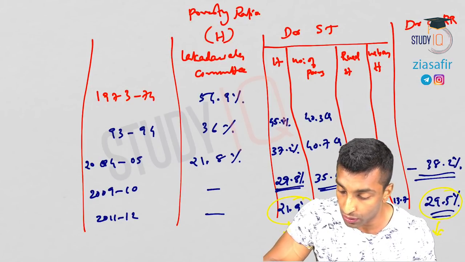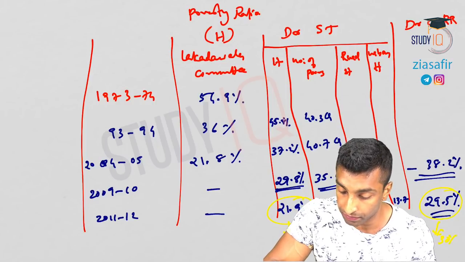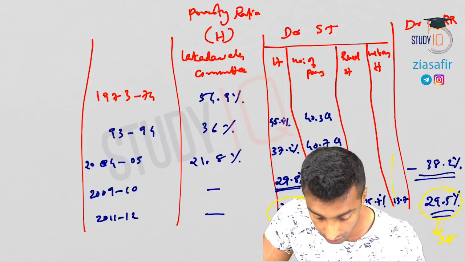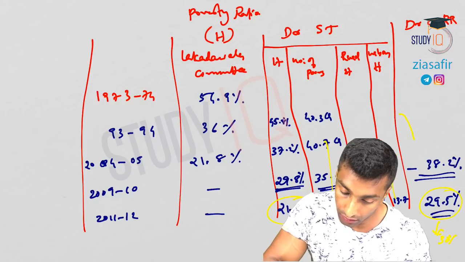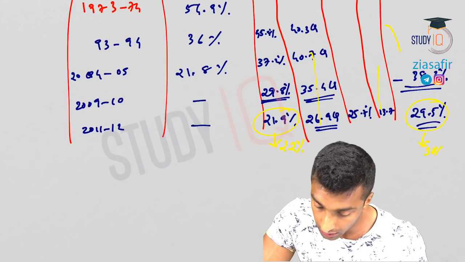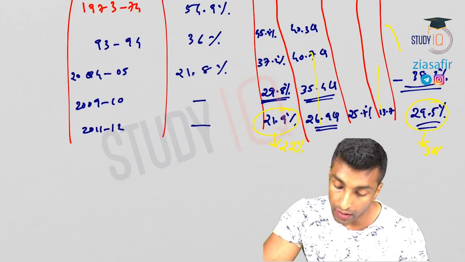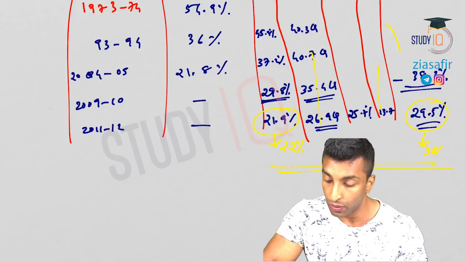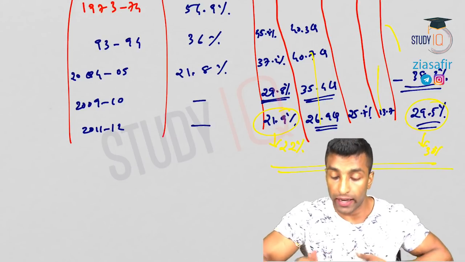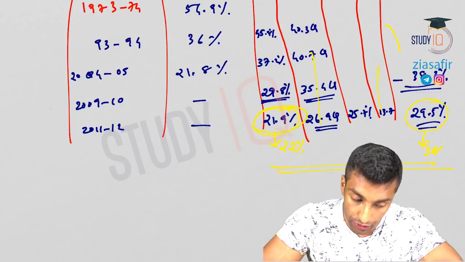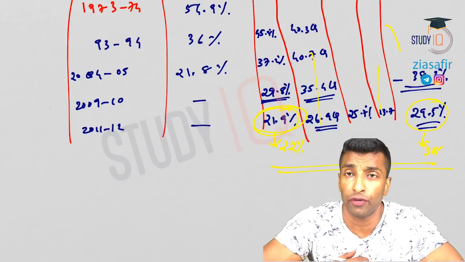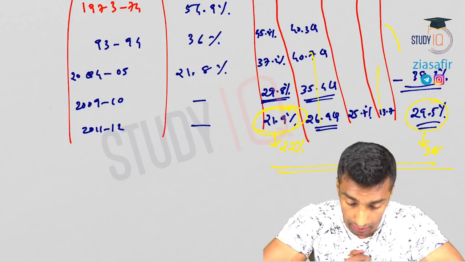This 30% also you can remember. These two values is what you need to remember. In economic survey you will see this value 21.9 because they are favoring the Suresh Tendulkar committee recommendation.